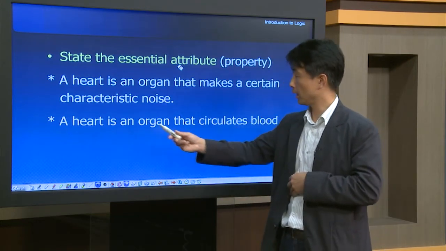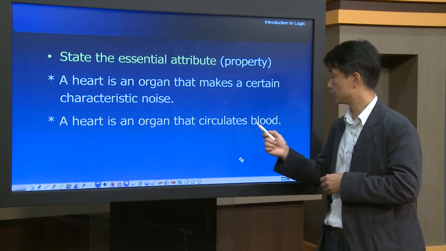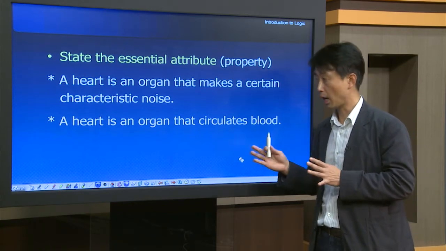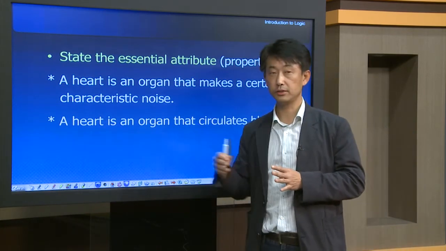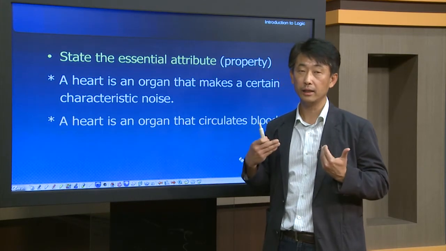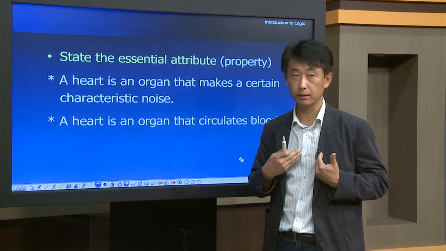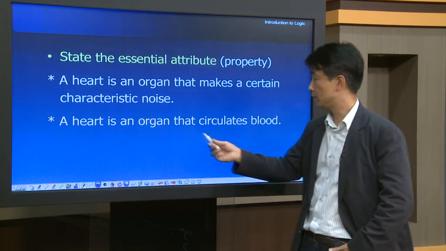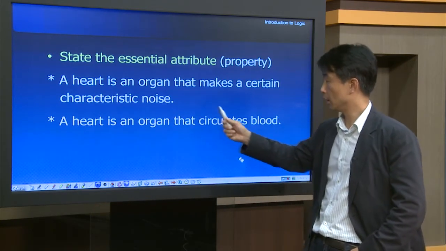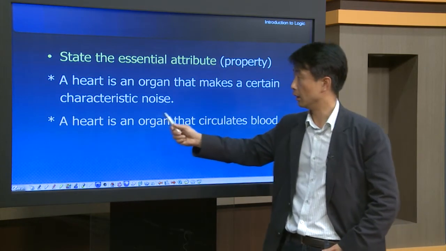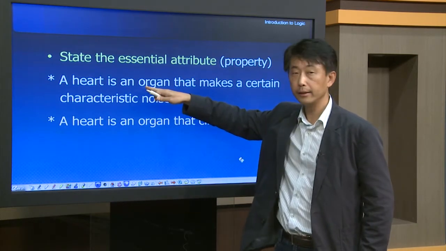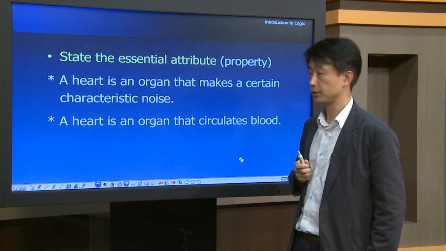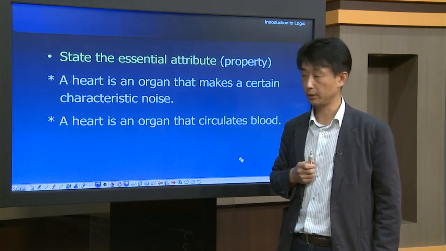Well, presumably, the heart is an organ that circulates blood. And that's why we have it in our body. So this definition is better than that in that it states the essential attribute or property.